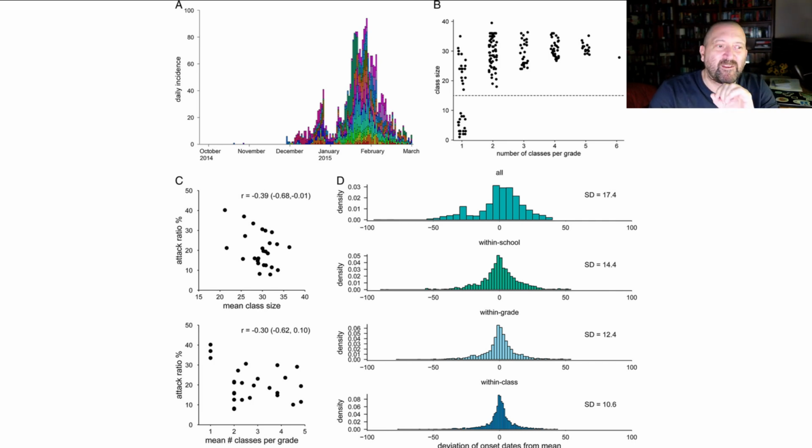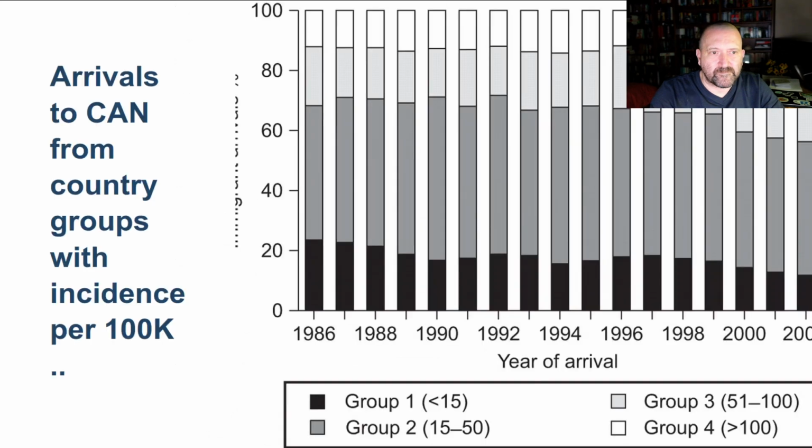What it's showing is within and between classroom transmission patterns of seasonal influenza in primary schools. Okay, this is in Japan. But what it's showing is really that most transmissions happen within a given classroom rather than between classrooms.